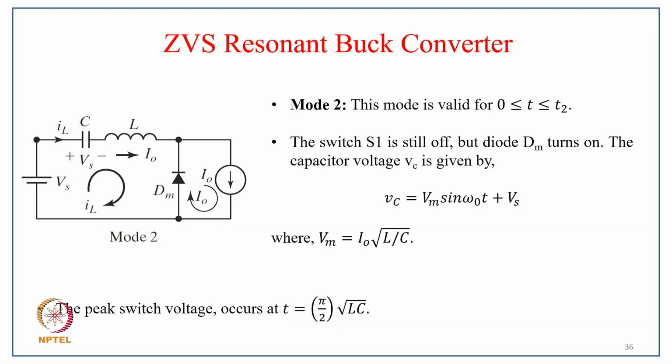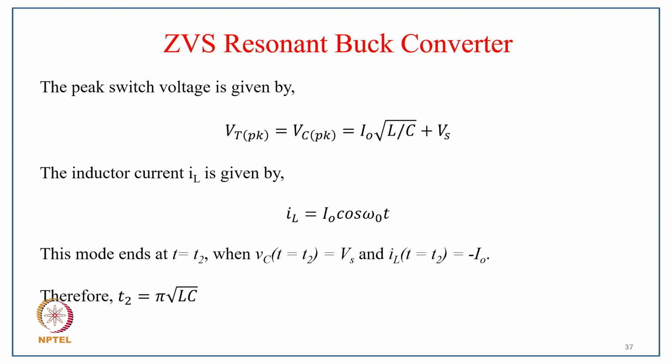This mode is valid for t varying from 0 to t2, and the switch S1 is still off, but diode DM turns on, and the capacitor voltage is given by Vc equal to Vm sin omega 0 t plus Vs, where Vm equal to I0 times root of L upon C, and the peak switch voltage occurs at t equal to pi by 2 times root LC, and the peak switch voltage is given by Vt peak equal to Vc peak equal to I0 root of L upon C plus Vs, and the inductor current is given by IL equal to I0 cos omega 0 t, and the mode ends at t equal to t2, when Vc at t2 equals Vs, and IL at t2 equals minus I0. Therefore, t2 equal to pi times root LC.